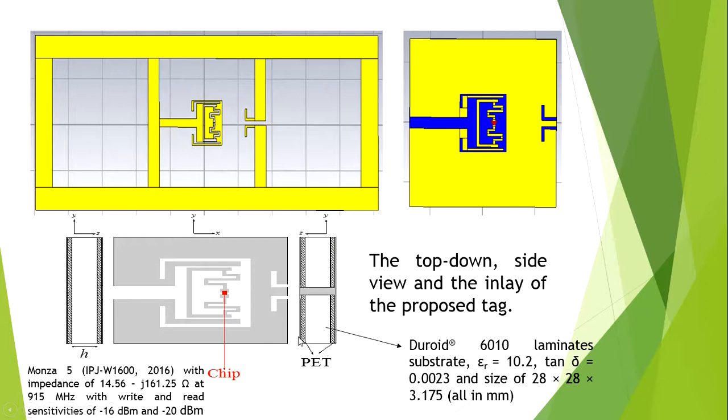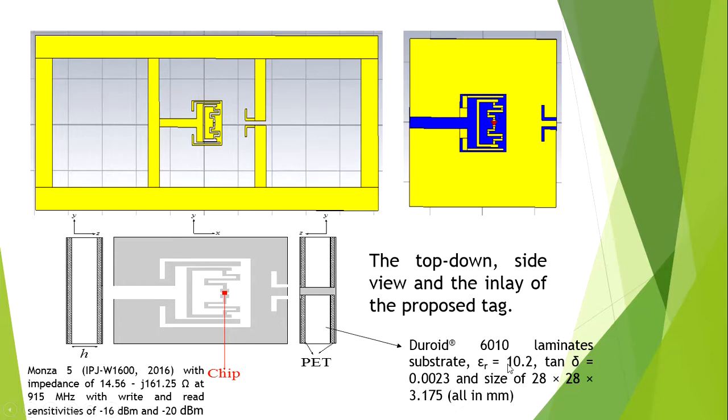And then after this pattern is done, we wrap it around inside a Duroid 6010 substrate. The specification of the Duroid 6010 substrate is shown here. One of the key points to mention here is the dielectric constant is 10.